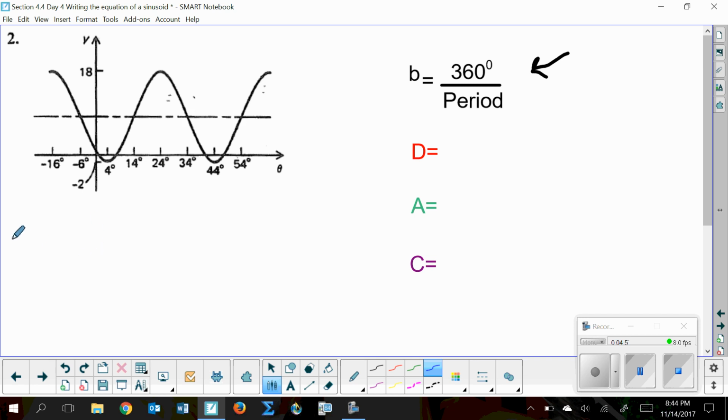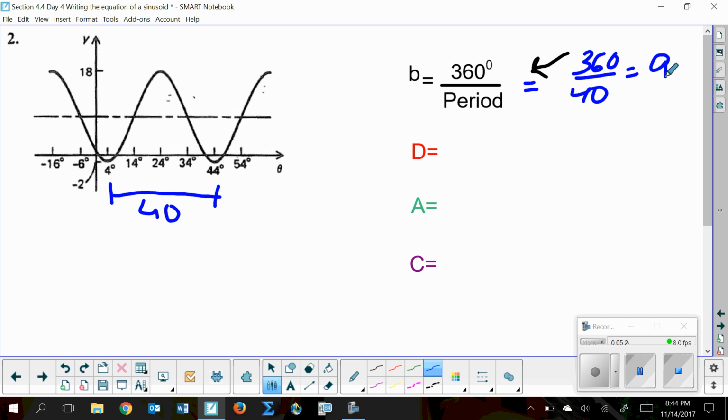We can see it goes from a minimum at 4 and then another minimum over here at 44. How far apart is that? Well, it's 40. So to find the b value, it'd be 360 degrees over 40, and when you divide that out, you get 9. So our b value in our equation will end up being 9.